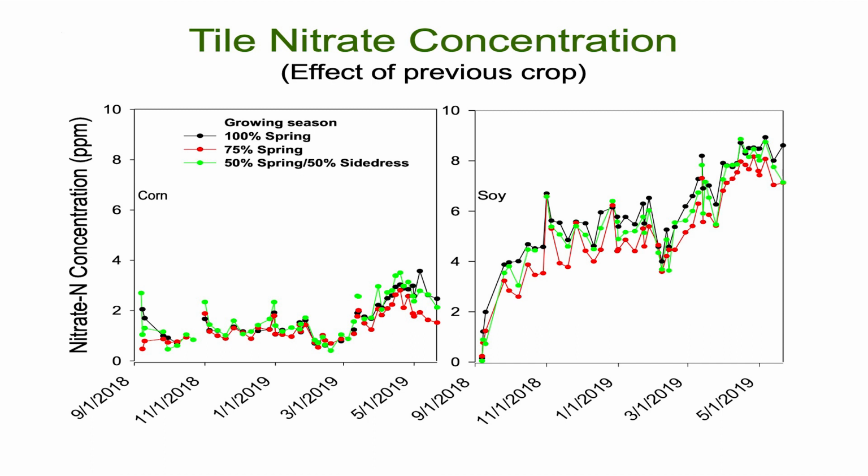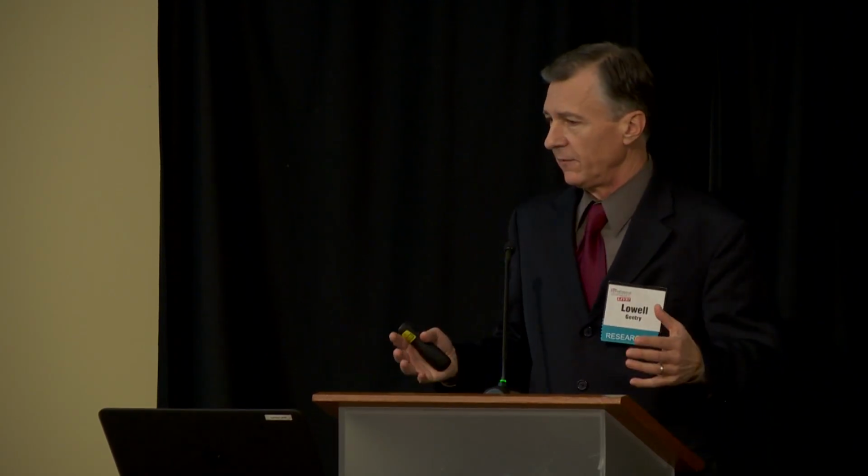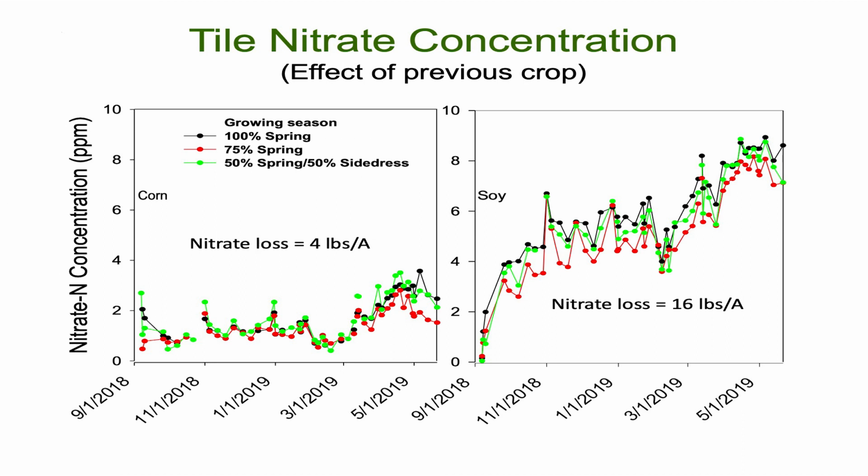And I would have thought that in the other years when we put our nitrogen on at a normal time, like April or May, or even March or April, that these increases in tile nitrate would have been associated with the fertilizer. And I wouldn't be able to sort that out. But the weather gave us this view of what is the effect of the previous crop on tile nitrate without any other factors. And it's really surprising to see it go up quite that much.